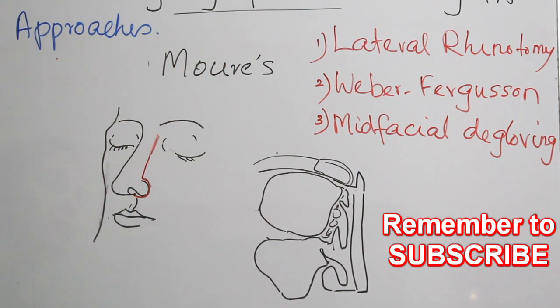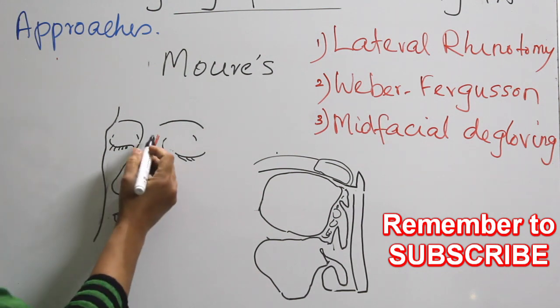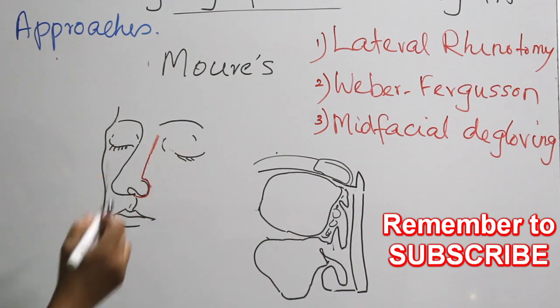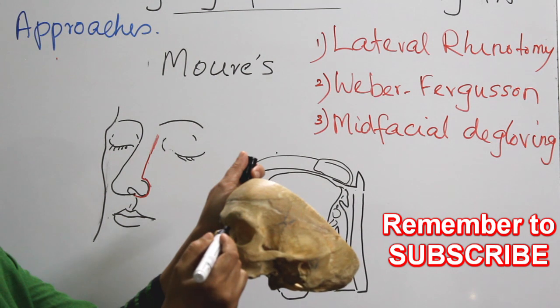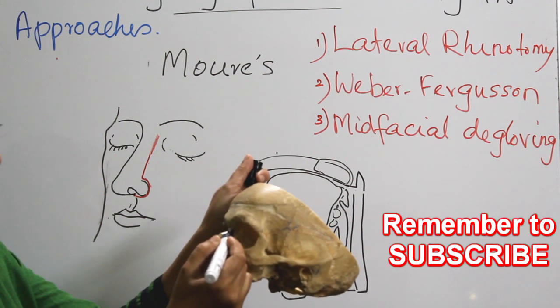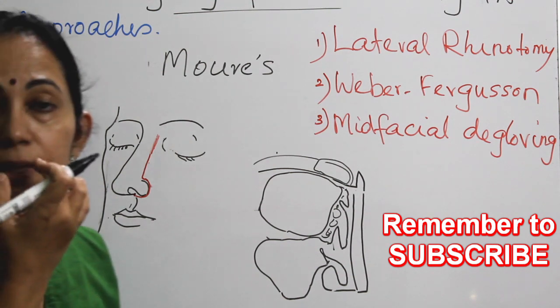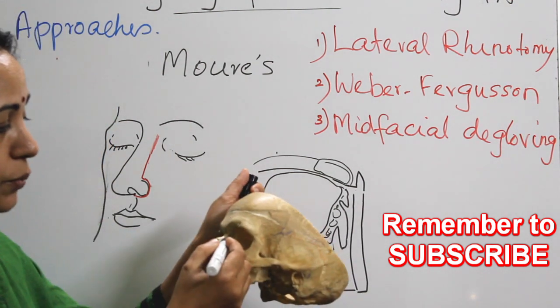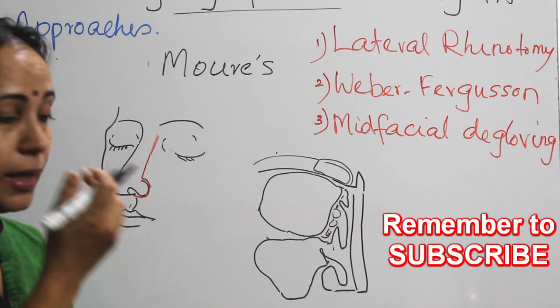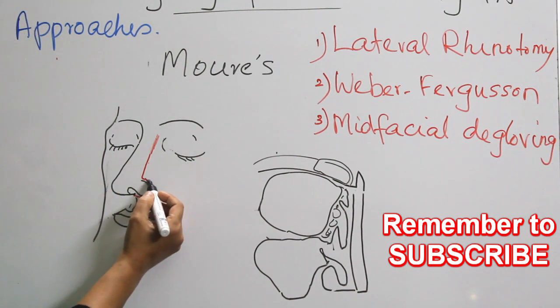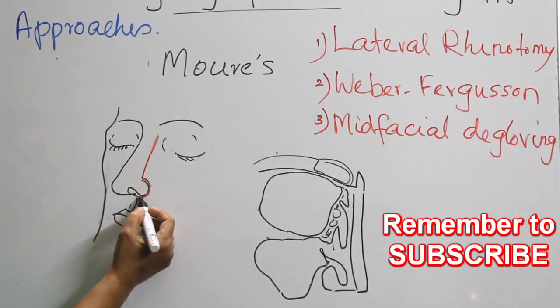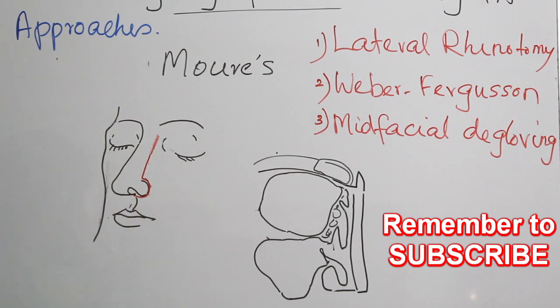That starts from the midpoint between the medial canthus of the eye and the dorsum of the nose. It starts from here and then it comes downward through the lateral nasal groove or the lateral facial groove. It comes downwards and it encircles the ala of the nose and it goes into the nostril.